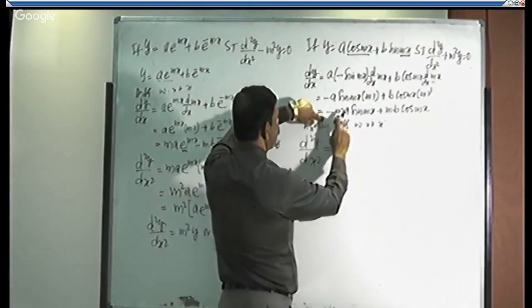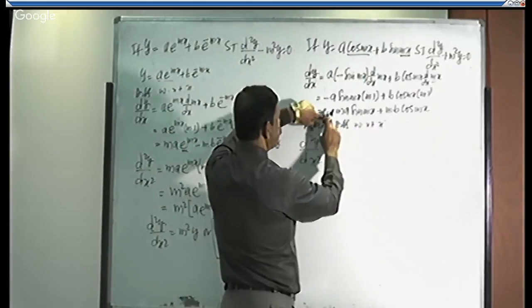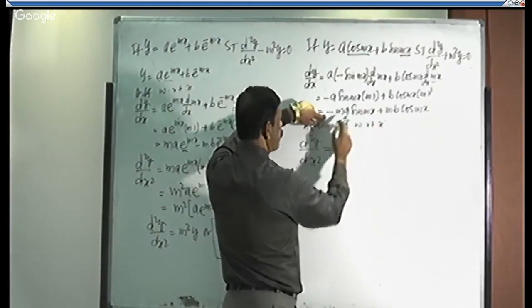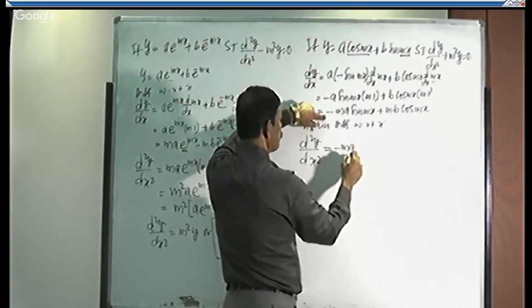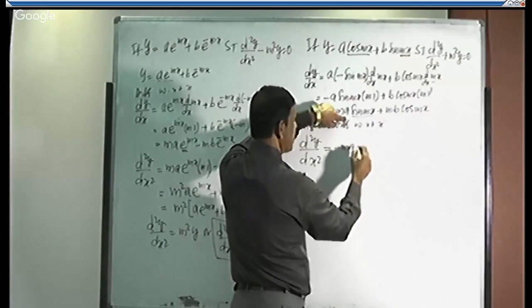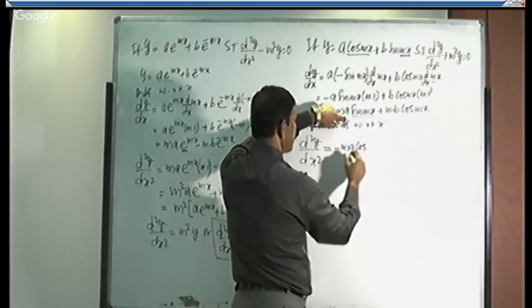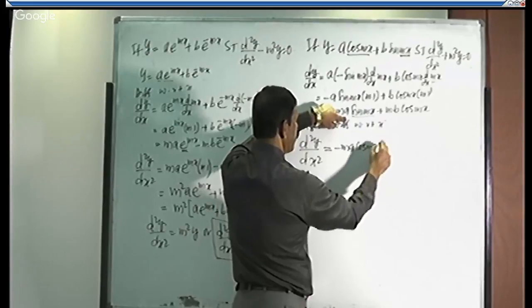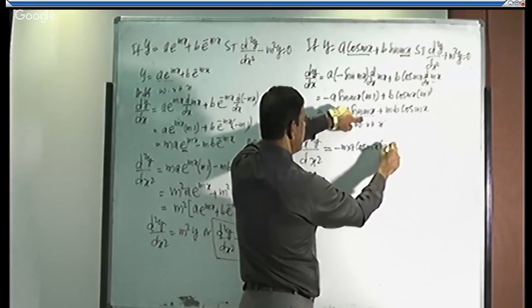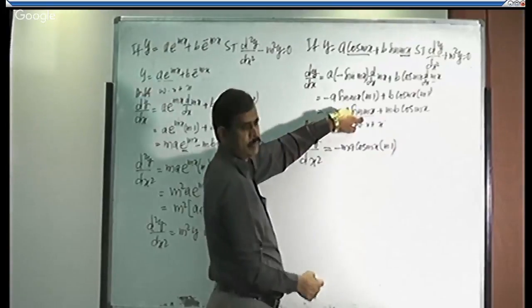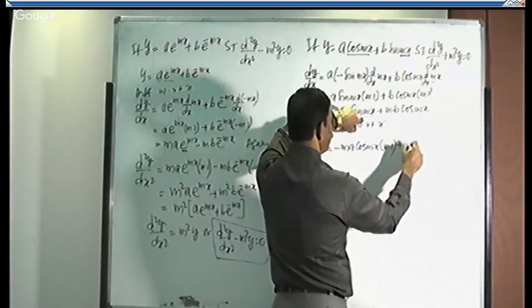You will get d square y by dx square is equal to, see the function, first term, it is minus ma into sin function, correct? Keep constant minus ma as it is. Differentiation of sin x is cos x. For sin function, it is cos function into differentiation of function, m into 1, plus m into b.